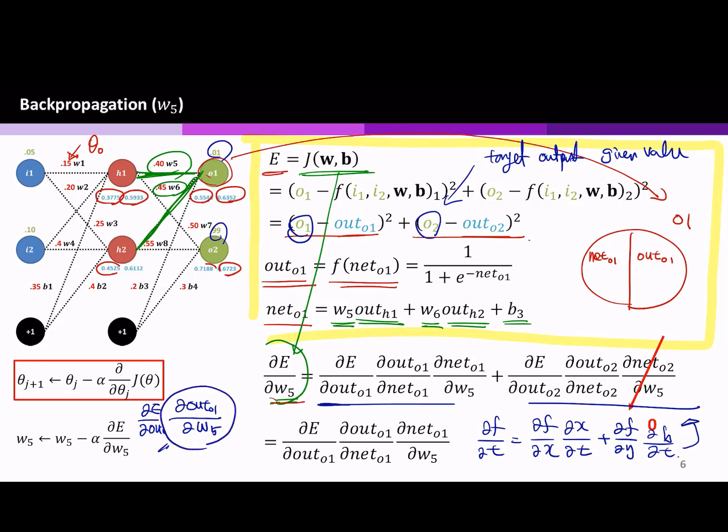This one is the same as partial out O1 over partial net O1.